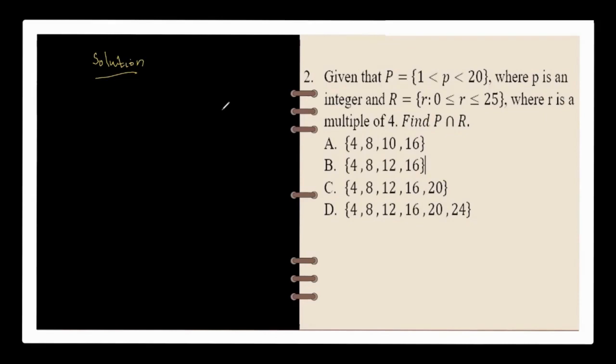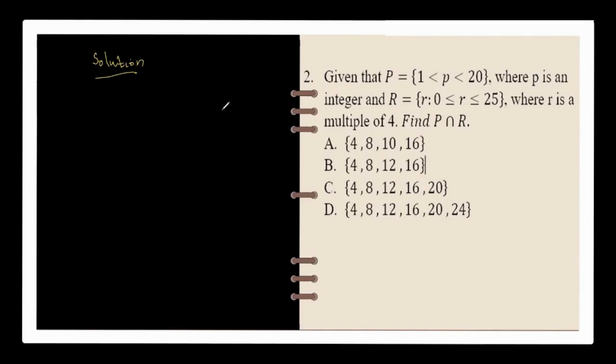If they are multiples of 4, they will be elements of the set of multiples of 4. But when we go to set P, the numbers 1 and 20 are not included as elements because P is strictly greater than 1 and less than 20, so a single inequality symbol is used.